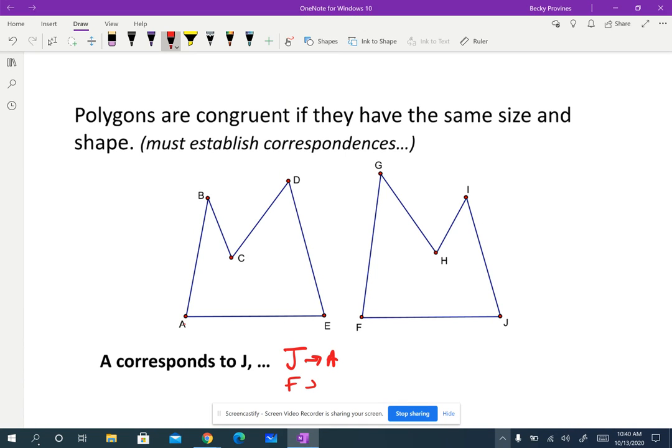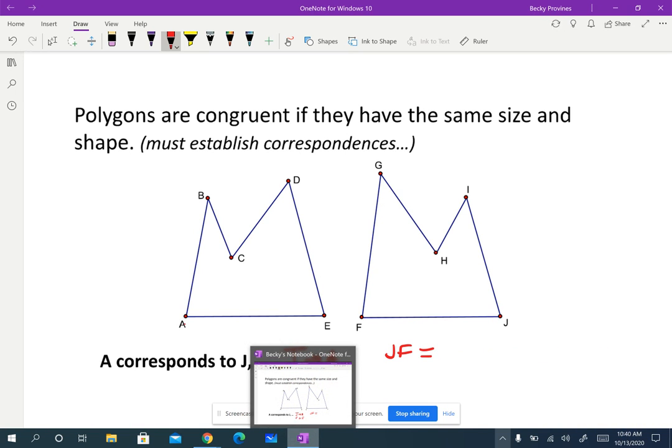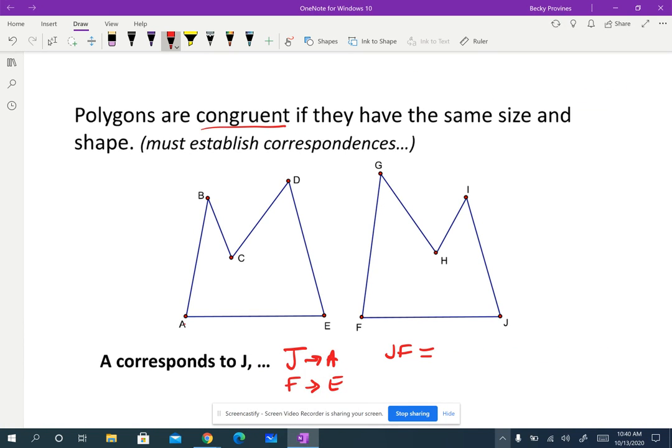F corresponds with E. So I could say that JF is the same measure. In this chapter, the person that wrote your book actually starts using the word congruent. So congruent, you put the little, it's called a tilde. It's like a little squiggly thing on top. So JF is congruent to AE.